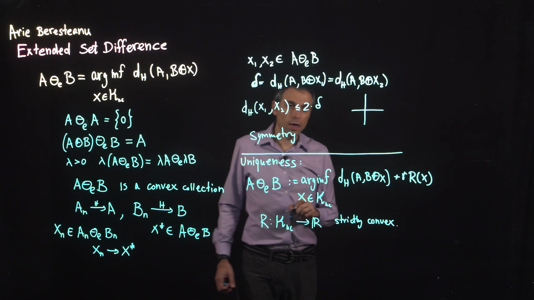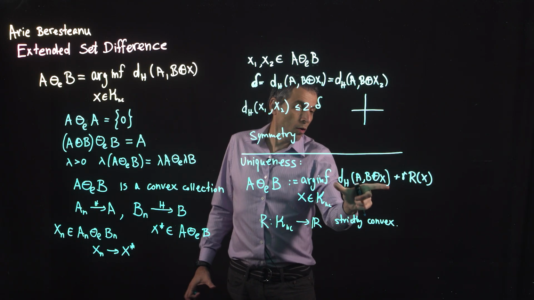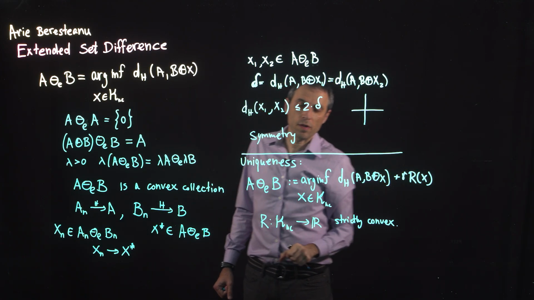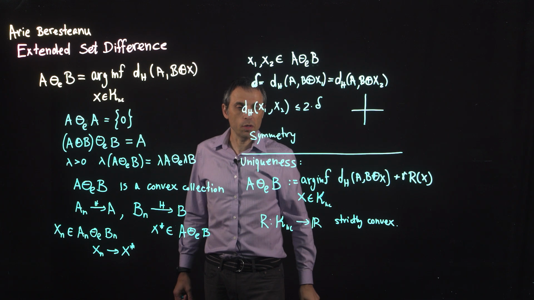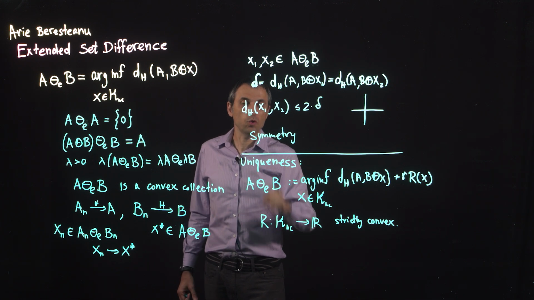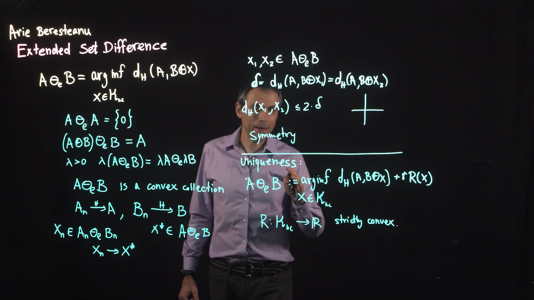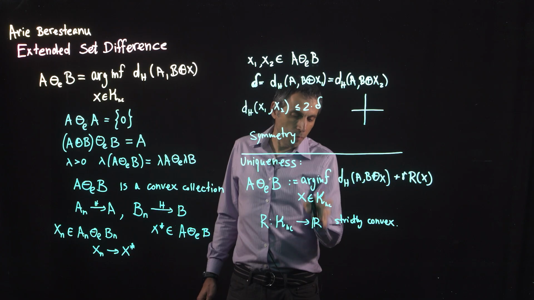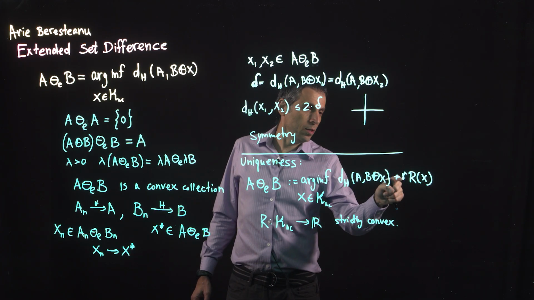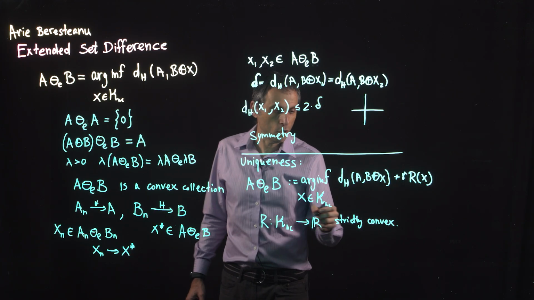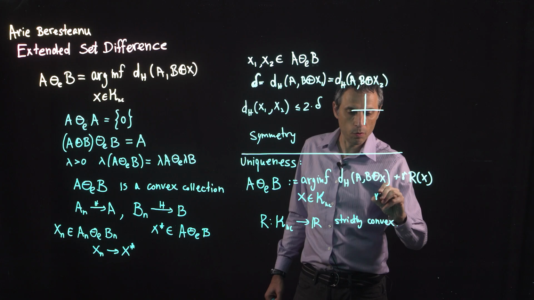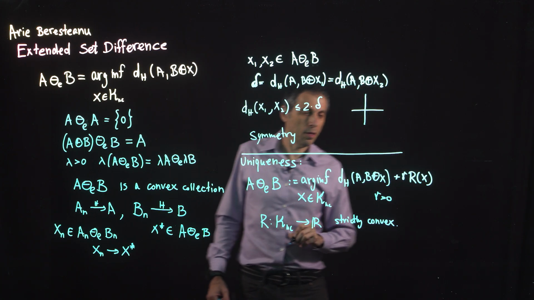And of course, since this is convex plus a strictly convex term, the whole operation is now strictly convex, and the solution is unique. So for a given r, again, we need to find a gamma which is positive. That's important to say here.